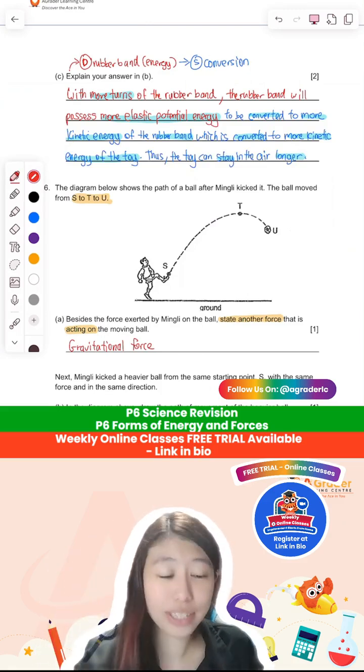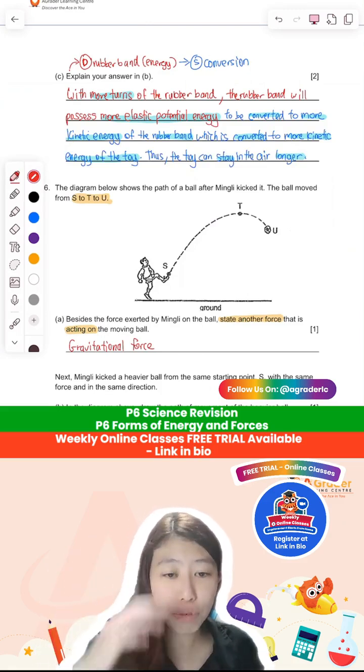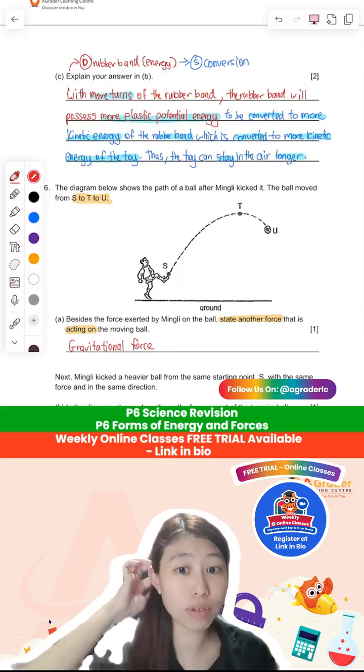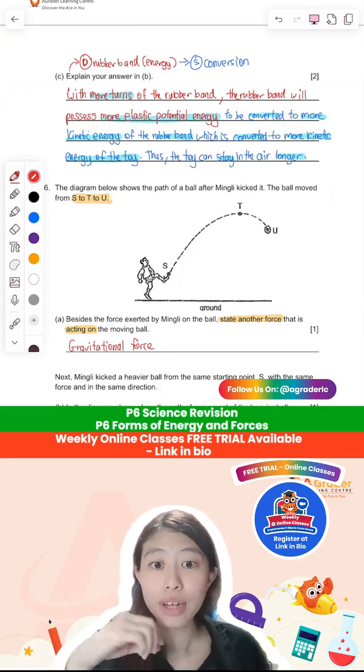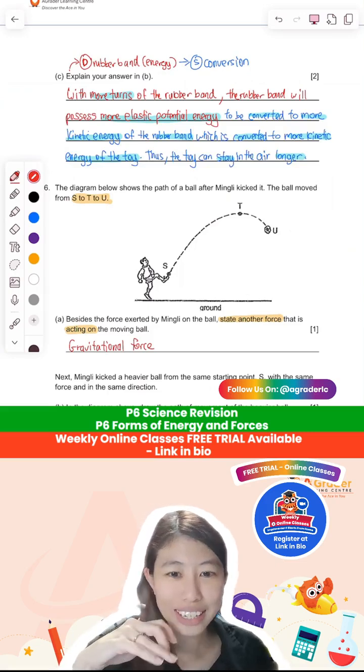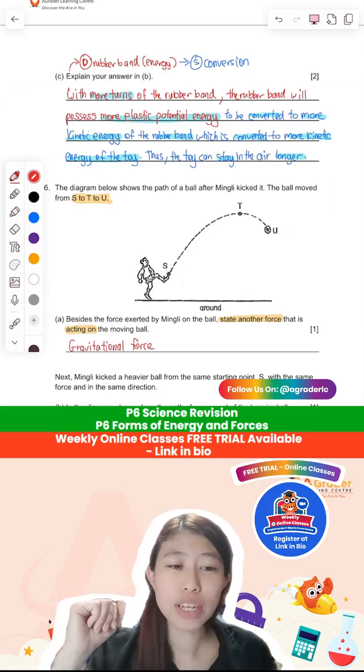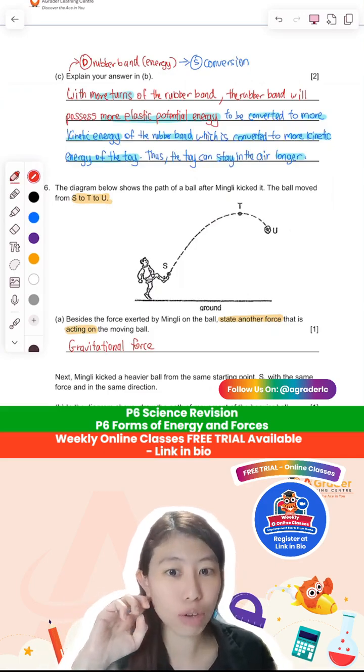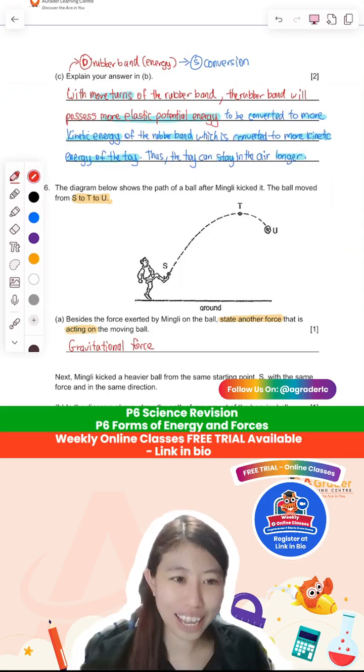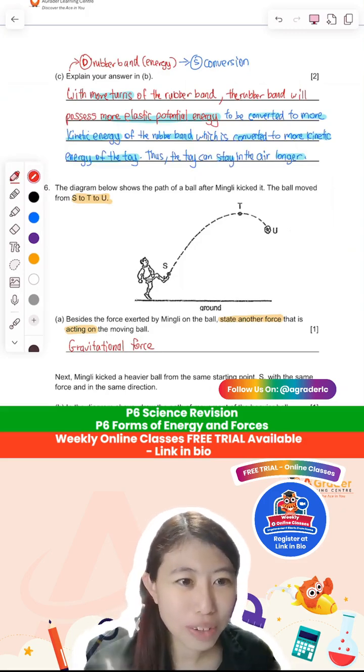If you write air resistance, you will not get it wrong also. Frictional force must be specific, air resistance or water resistance. But if you write frictional force, you may still get the marks, depending on how strict your school teacher is actually. All right, so everybody, I'm going to move on.